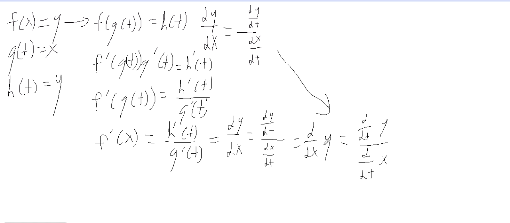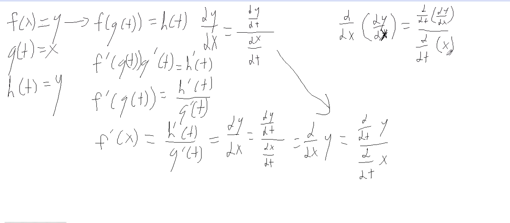But with the second derivative, that becomes d dx of dy dx equals d dt of dy dx over, and this just stays the same since we're not replacing the x, d dt of x.